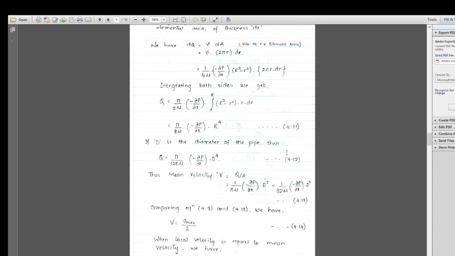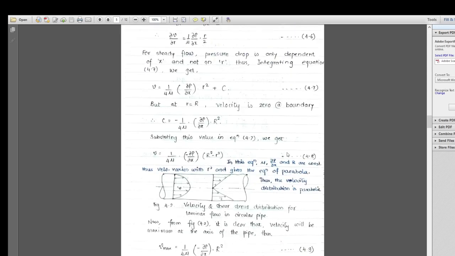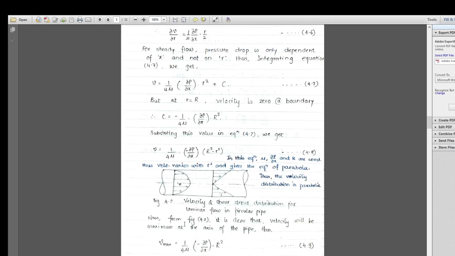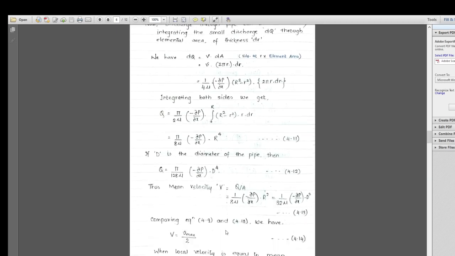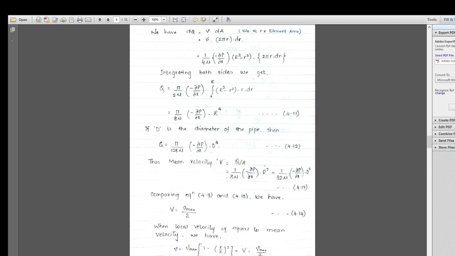Now if we compare the equations 4.9 and 4.11, 4.9 is my V max, which is equal to 1 by 4 mu into minus del p by del x into r square, and 4.11 is pi by 8 mu into minus del p by del x into r raised to 4.